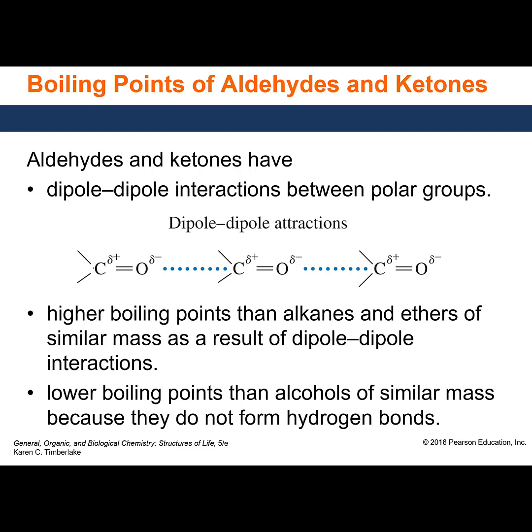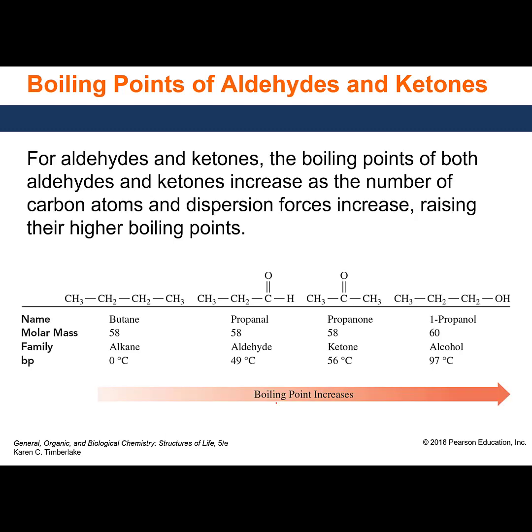And that's, of course, because alcohols could form a full hydrogen bond in between molecules, and these can only form dipole-dipole interactions, which are not as strong. So they can't hold close to each other as tightly and as effectively. So it's much easier to throw a couple of them off into the atmosphere and boiling.